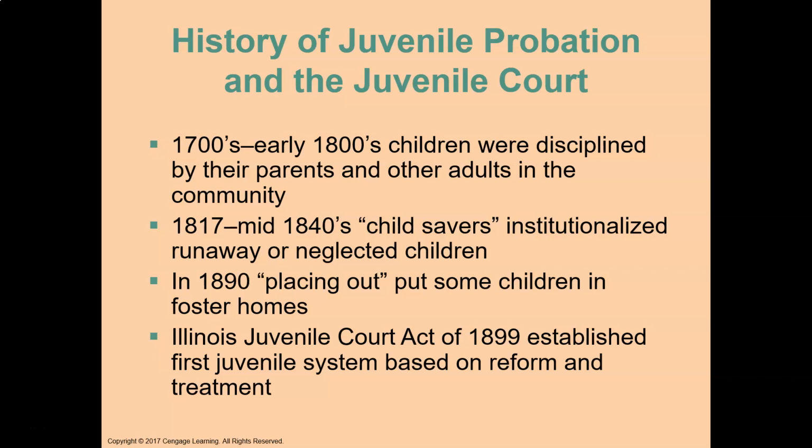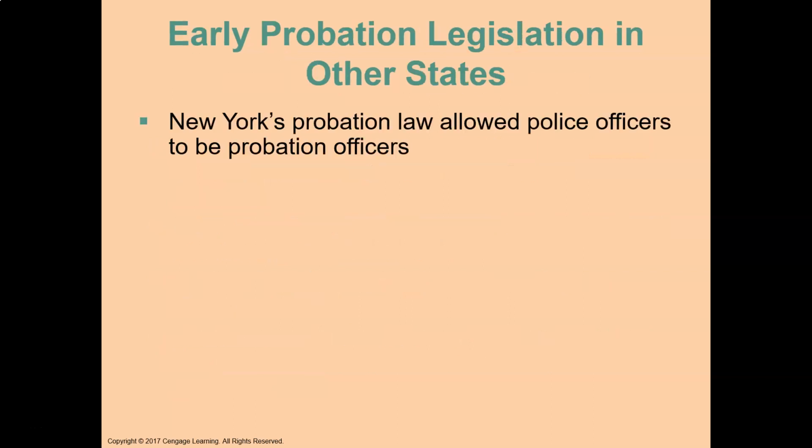So I describe parens patriae in an easy way to remember as basically the court is your daddy. So we still use this now. If you're in juvenile court now, the court gets to step in and act as a parent figure and make decisions on behalf of the juvenile when the parent has failed to do so. So this is still a concept that we use in the United States.